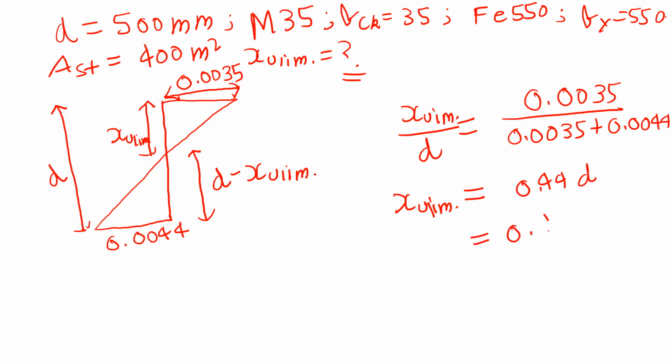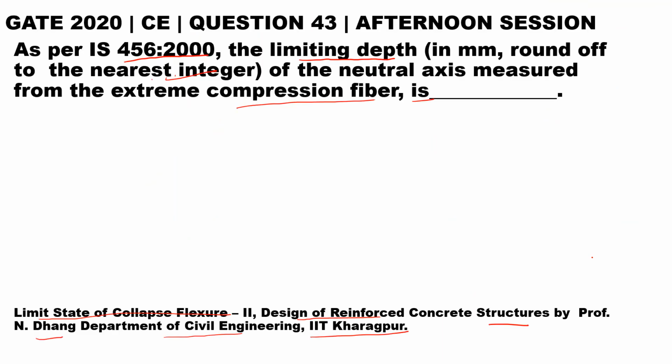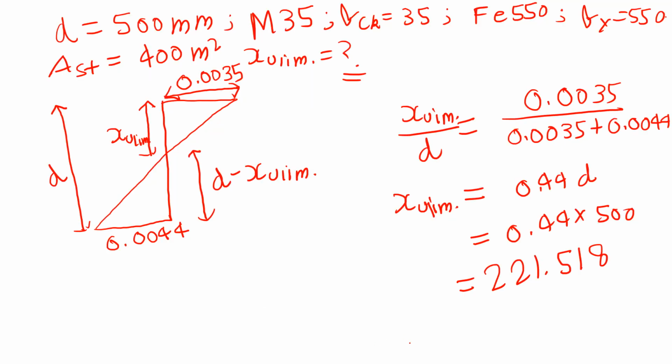Put the value of d, which is 500 mm, and after putting this in the calculator you would get 221.518, and in the question it is asked to round off to the nearest integer, which would be equal to 221. So 221 would be the correct answer for this question. Thank you.